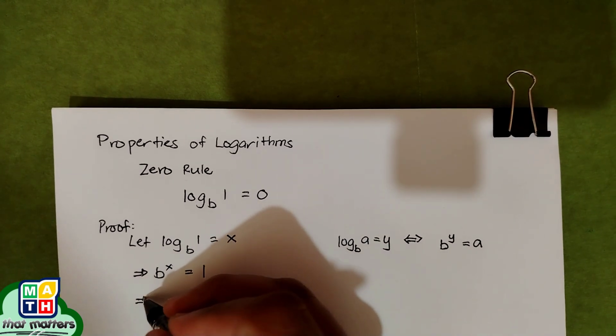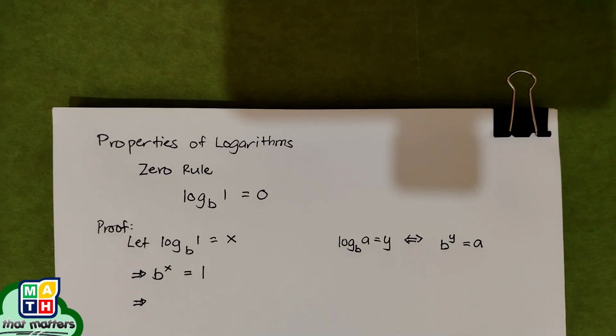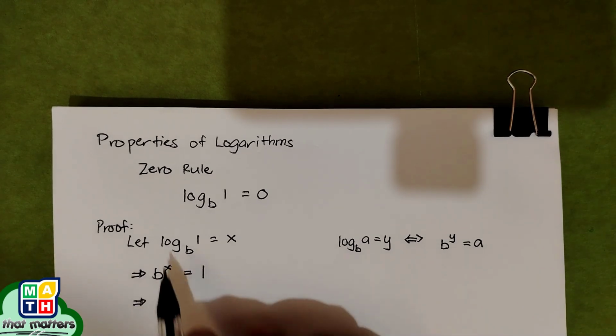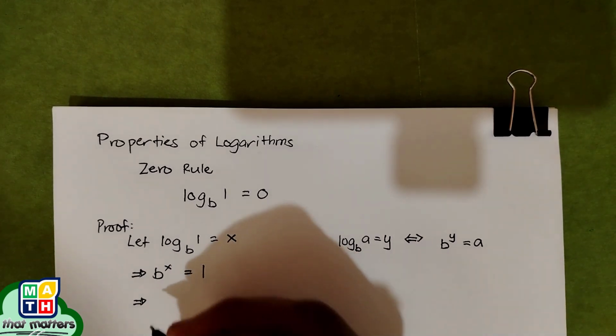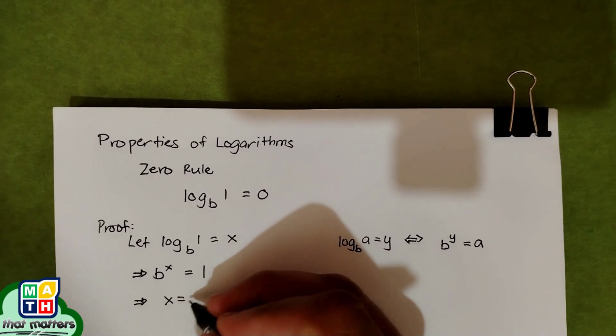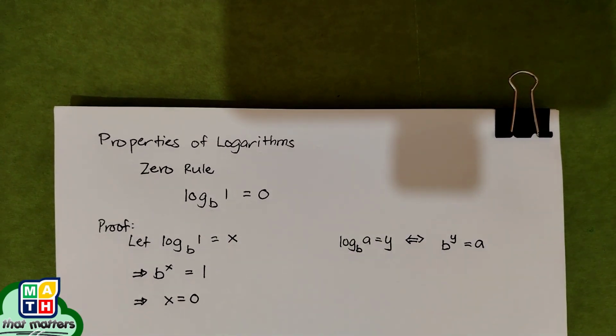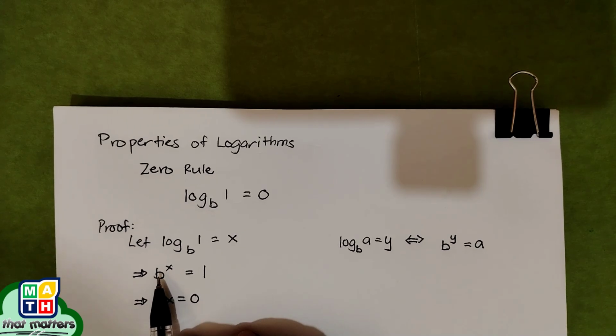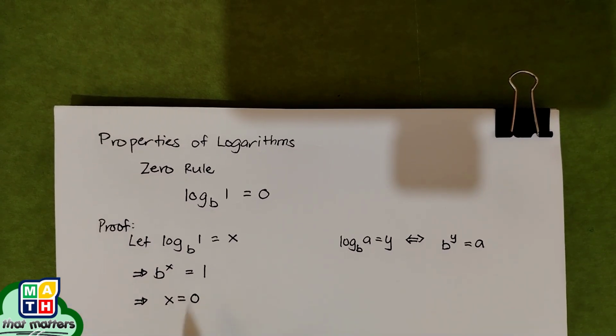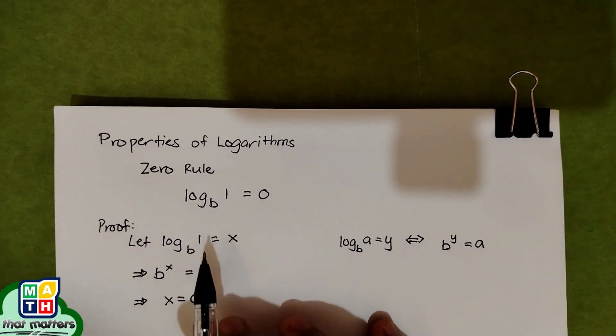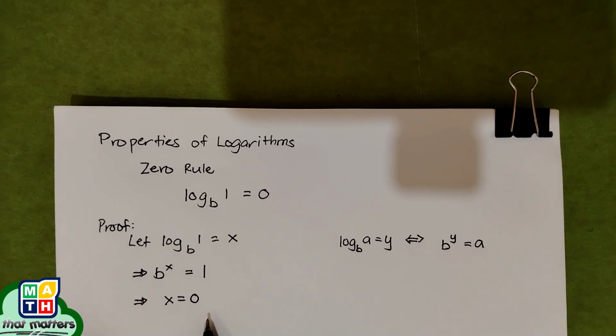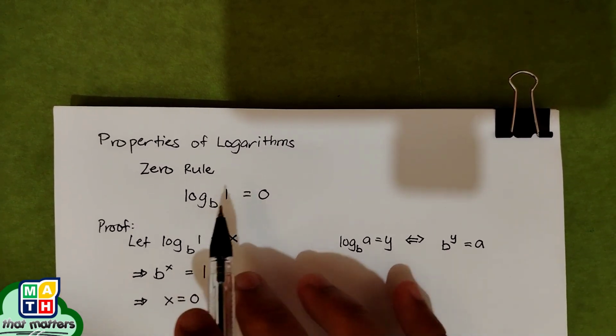That actually means, according to laws of exponents, we can always get 1 if the exponent of a certain expression, x, is equal to 0. Because if x is equal to 0, whatever the value of b, it would be equal to 1. This shows that the value of x, which is this expression, the logarithm of 1 to the base b, is equal to 0, and it proves the zero rule here.